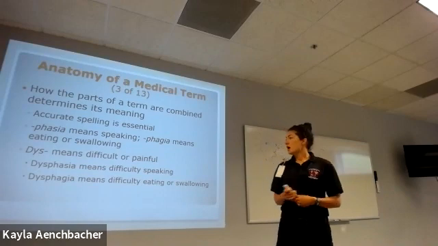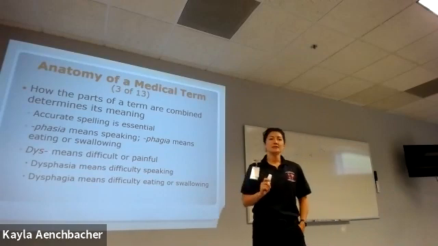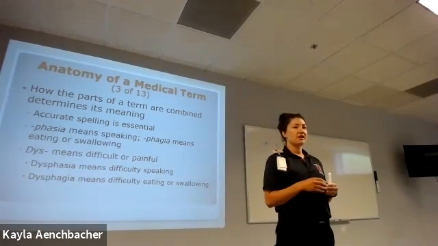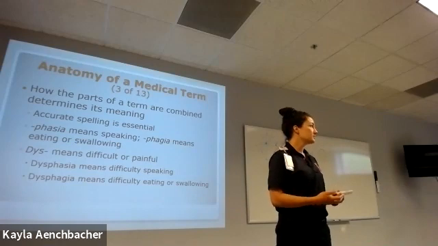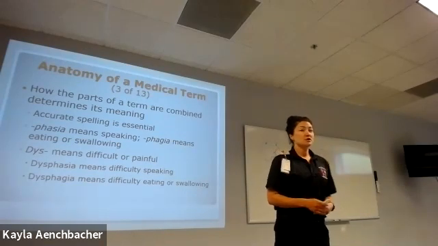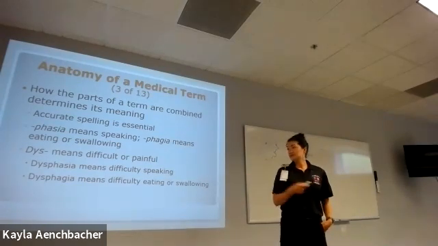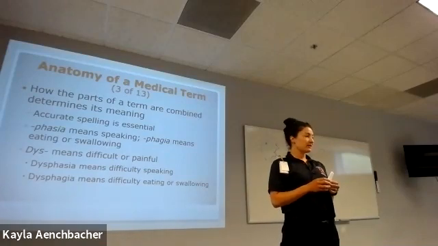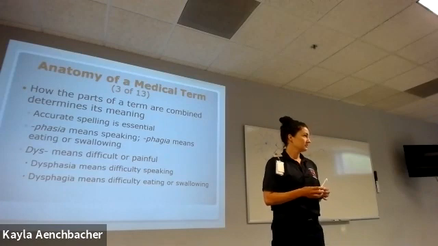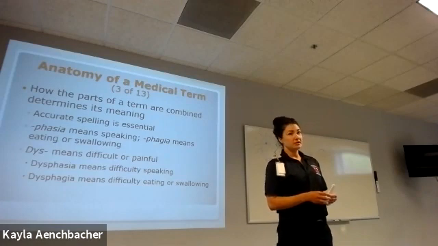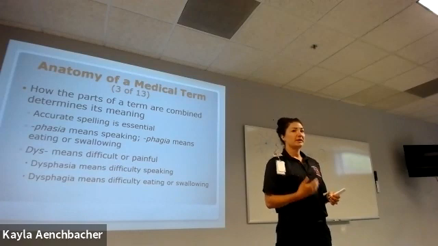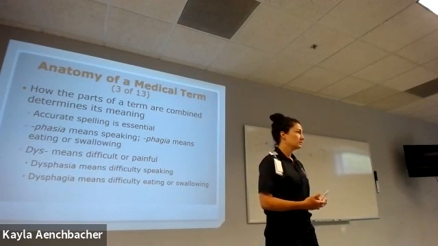Okay. Dys, D-Y-S, in any context is going to have the definition of painful or difficulty. So if you put these words together, dysphasia with an S means they're having difficulty speaking. Dysphagia with a G means that they're having trouble swallowing, which is telling me they probably can't control their airway very well.